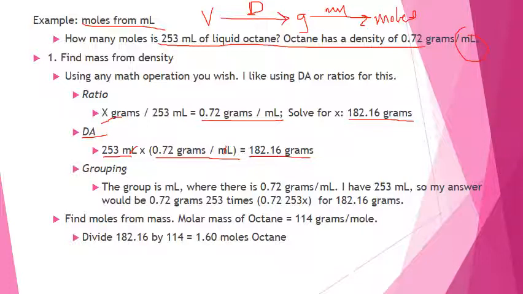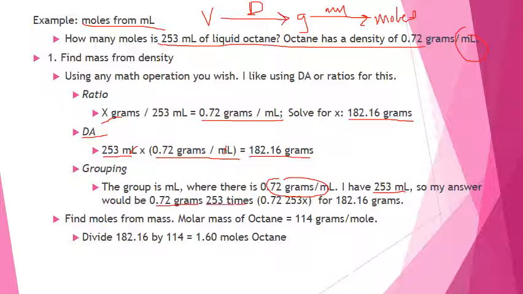Now for grouping, the grouping is mL, and what we want to do is go to grams. So if we have 0.72 grams per mL, and I have 253 mL, every mL has 0.72 grams in it.